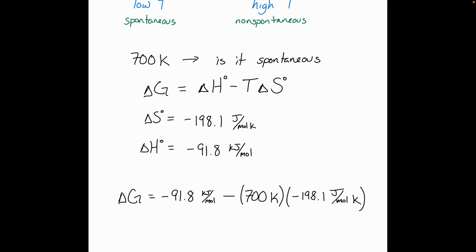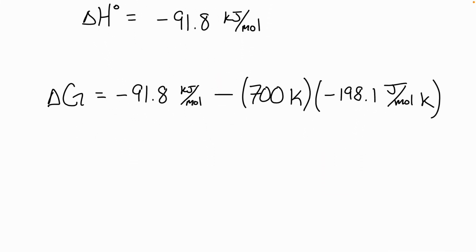All right, so I plugged in my value for delta H. I plugged in my temperature. And then I plugged in my value for delta S. But I was also really good and I put in my units here. And we can see what's the problem that I'm going to have here. What's my energy units of this term? The kilojoules.